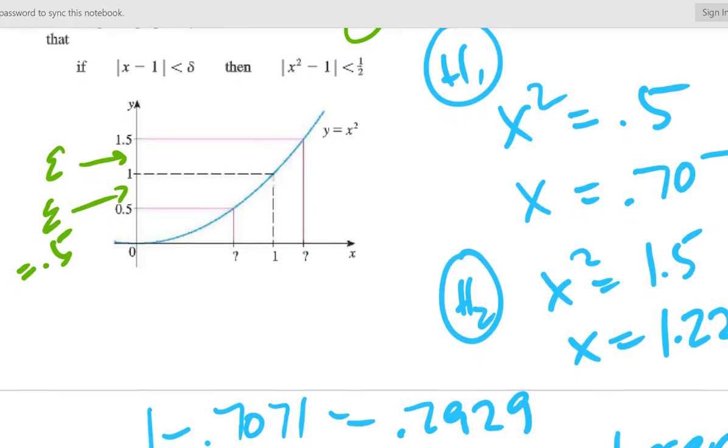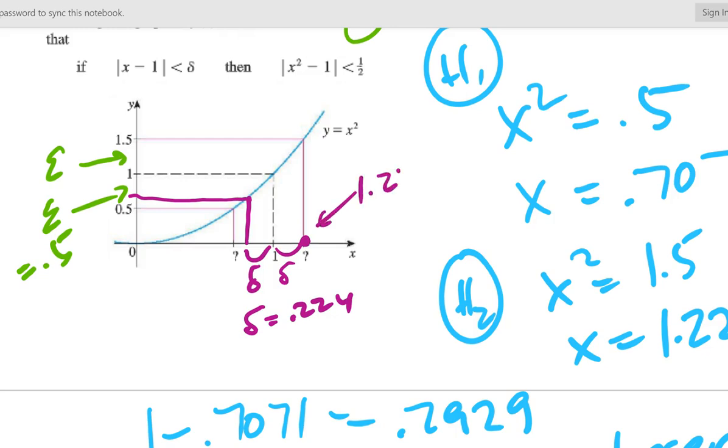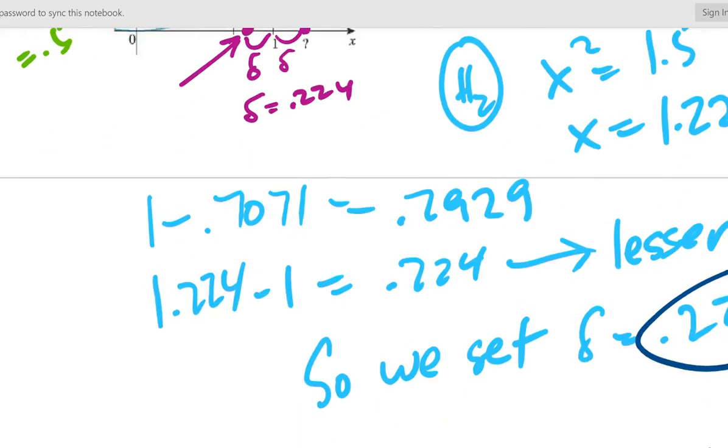So I'm going to have to redraw a new one over here so that these two values are equal. This is both delta. Delta equals 0.224. So on the right, this is 1.224. And on the left, what do we say it was?